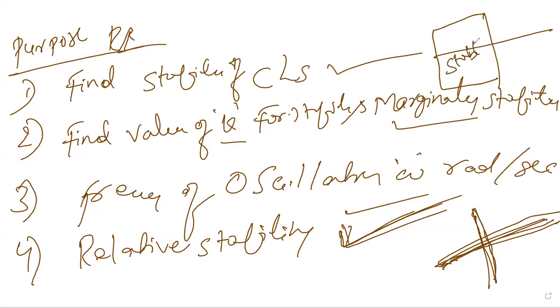The system is stable in this region, and in this region, that is the right hand side of the S-plane, the system is unstable, right? So suppose a pole is located here, on the imaginary axis, right?